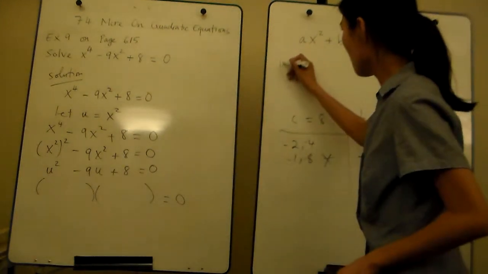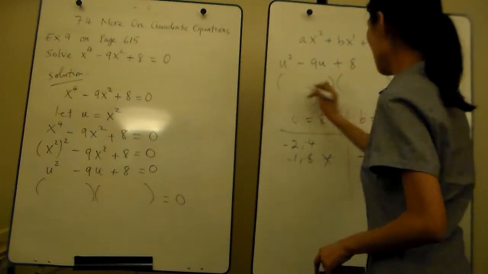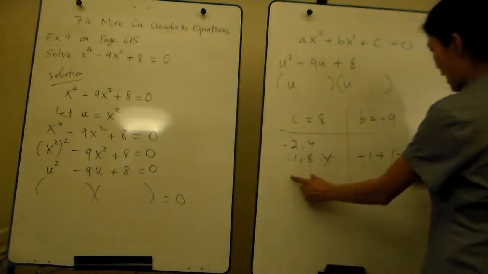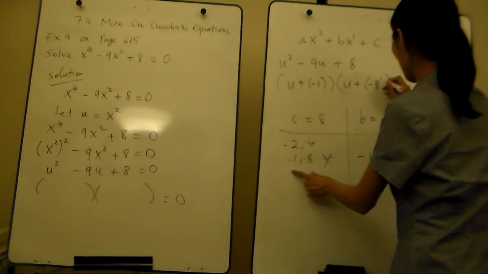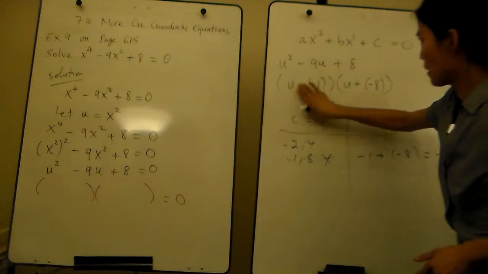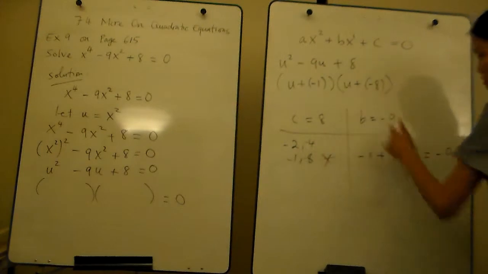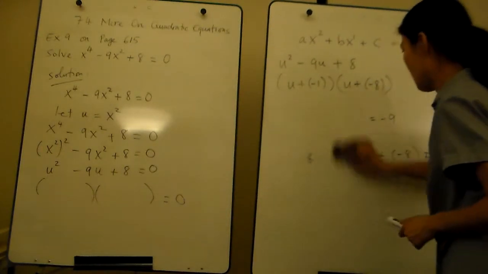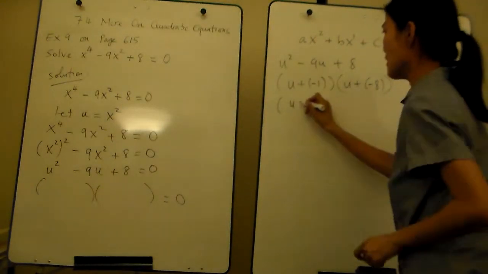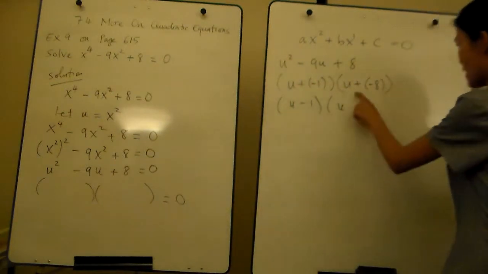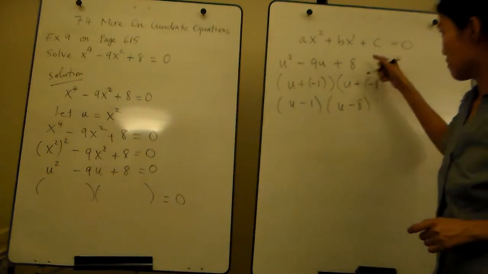So factoring u squared minus 9u plus 8, you would get u, and adding the two factors, u plus, and then you replace the factors of c, which are negative 1 and negative 8. u times negative 1 is negative u, u times negative 8 is negative 8u, so the two are factors of this trinomial.